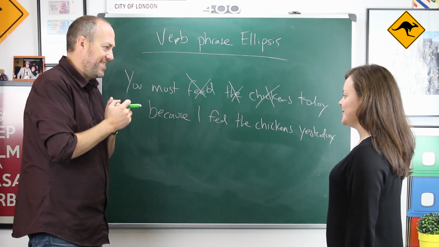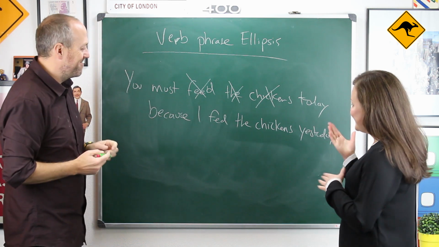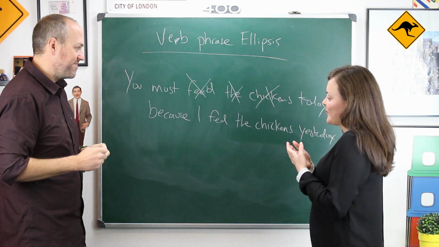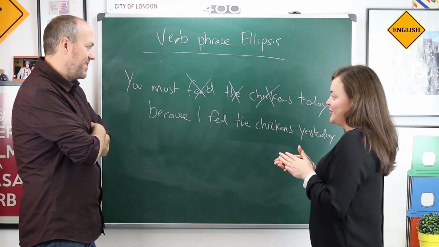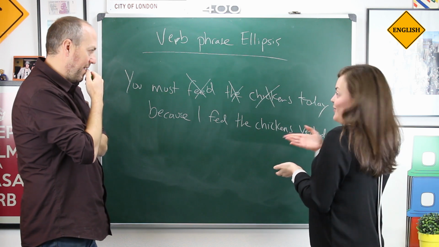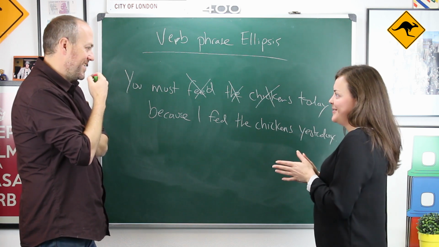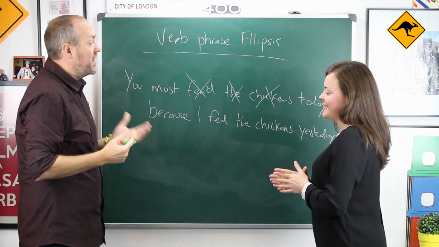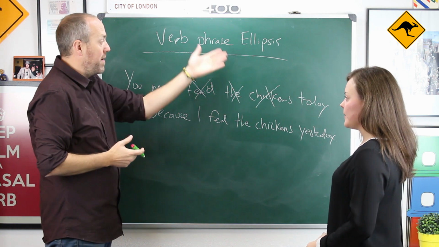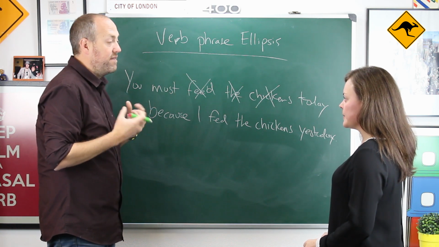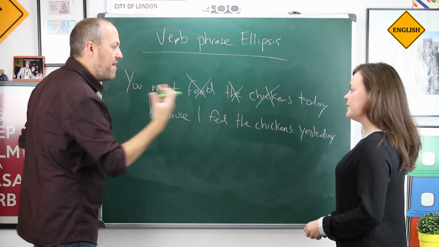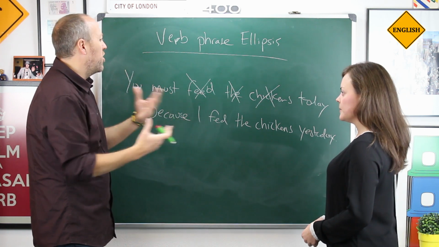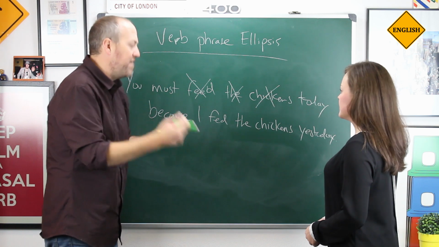I understand this phrase if, for example, we speak about this. That's one really important thing to remember about ellipsis: it's very dependent on context. If we're having a conversation, we know that we're talking about the chickens and feeding the chickens.